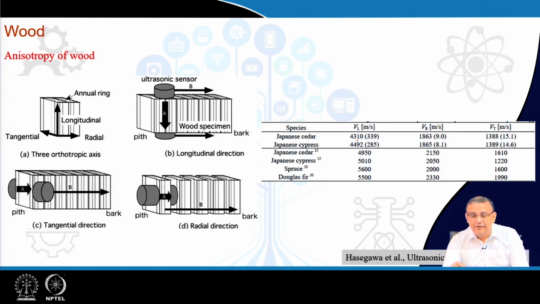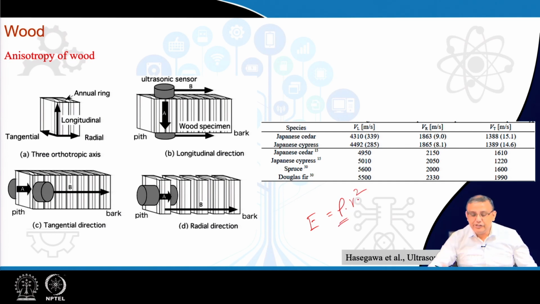As you can see, VL, the value along the L or longitudinal direction, is much higher. Now, as we know, the Young's modulus of a material is proportional to rho times V squared, where rho is the density and V is the sound velocity inside the material.